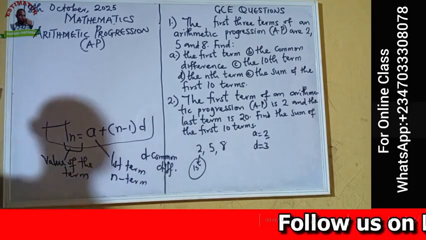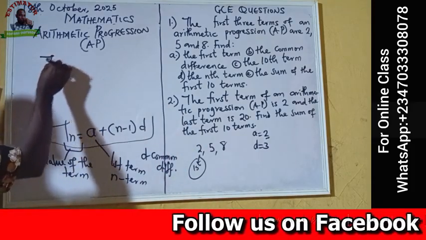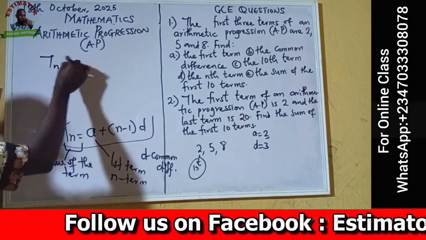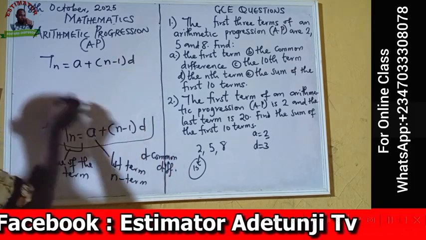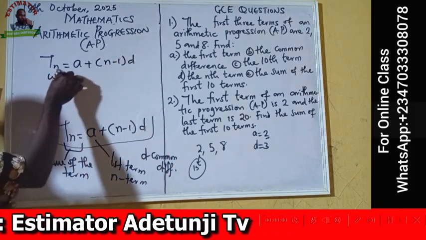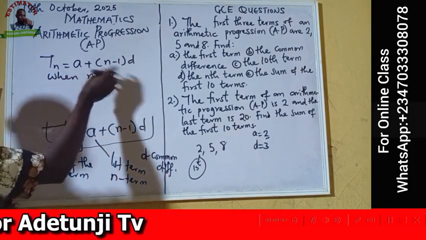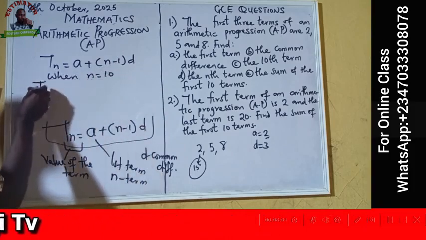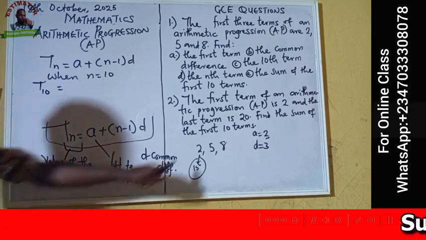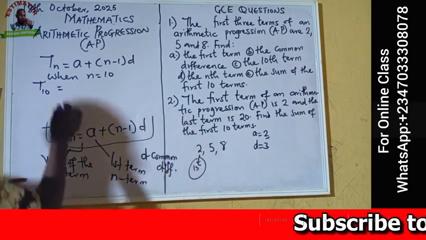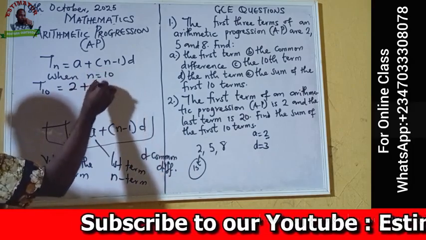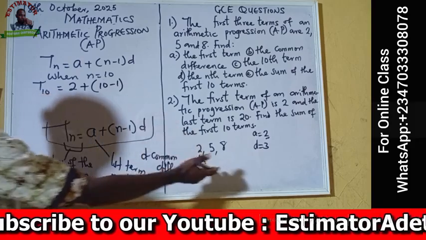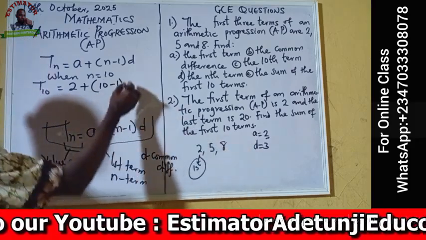All right, we are good like this. Now we have our formula saying that Tn equals a plus (n minus 1) times d. When n is 10, I'll be having T10 equals, what's my first term? That is 2. 2 plus, what's my n? That is 10 minus 1. And what's the difference that we have gotten? We got 3.